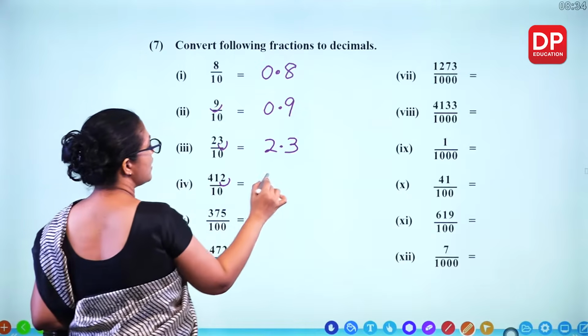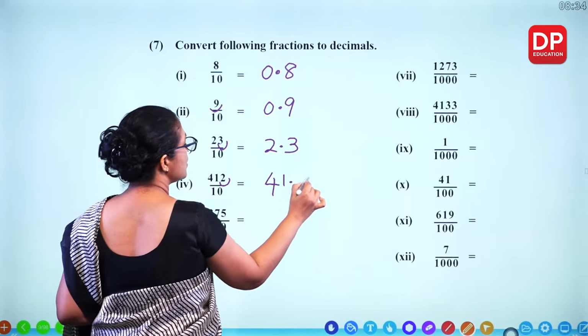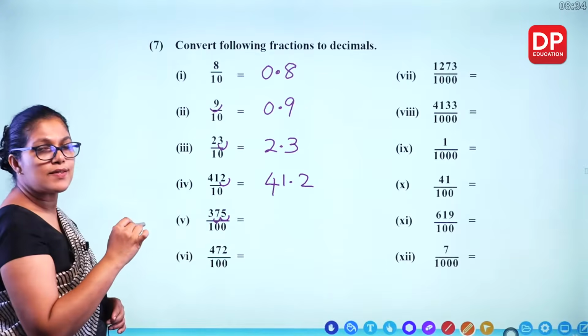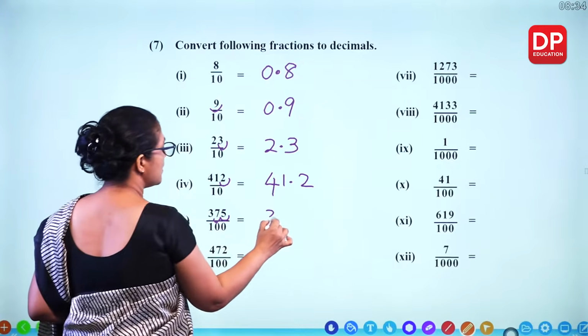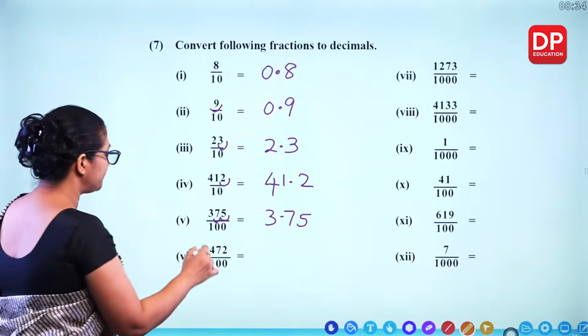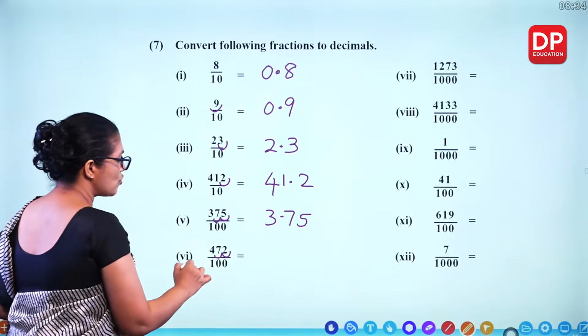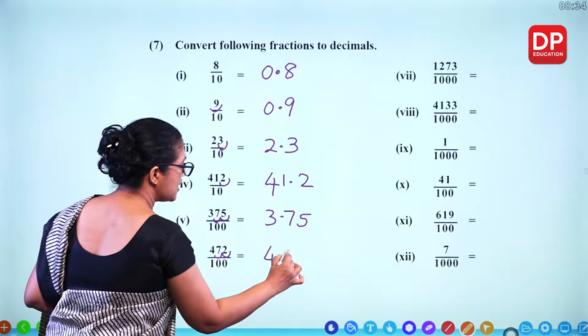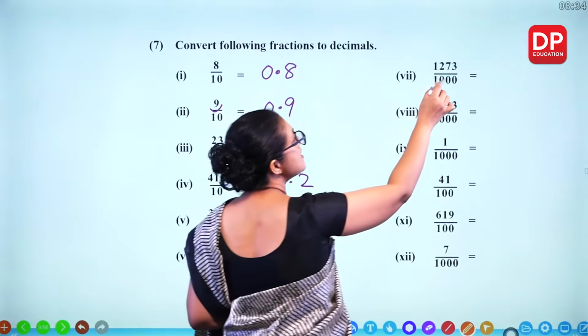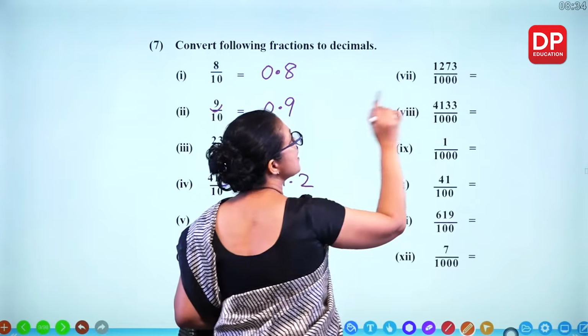So 1 place to the left. 41.2. Divide by 100 means 2 places to the left. 3.75. We are moving the decimal point 2 places to the left here. 4.72. 3 places to the left because these are divided by 1000.